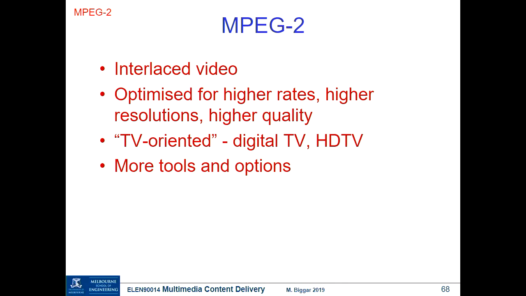MPEG-2 was optimized for higher rates and higher resolutions and higher quality, and in particular it was TV oriented. It was developed at the time that digital TV and high definition TV were just emerging, and I won't go into detail about this, but it really represents a major success of the standardization, because it was just at the instant when there were several proprietary digital TV systems being developed by different companies, and of course those companies wanted to dominate the market.